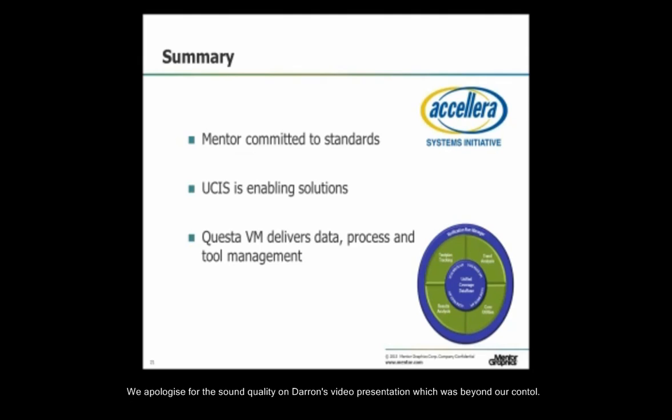Yeah, the question was, did UCIS address code coverage metrics? And absolutely, the data models inside the standard support all of the metrics from all of the vendors. There are differences obviously. Mentor supports something called branch coverage, Cadence do block coverage, some do line coverage, some do statement coverage.